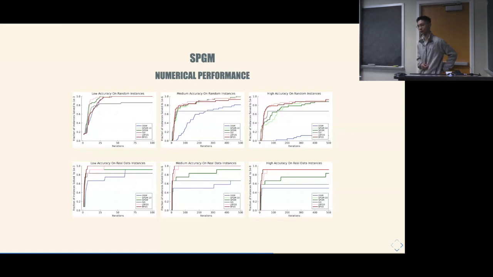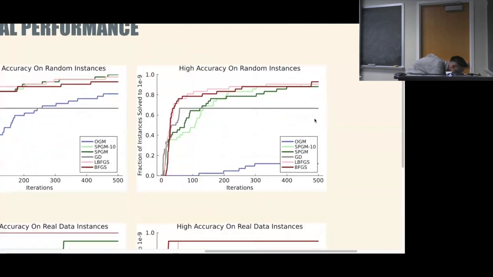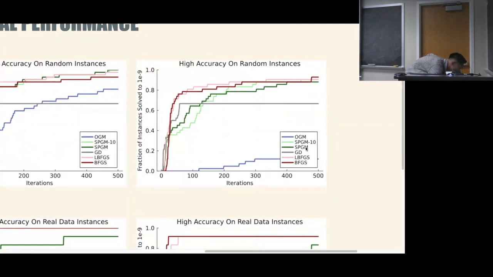The high-level takeaway of these six figures is that OGM is not very good. Gradient descent, I think... Sorry, I need to look at my actual slides to see which one is gradient descent, because of both the color and the projector.